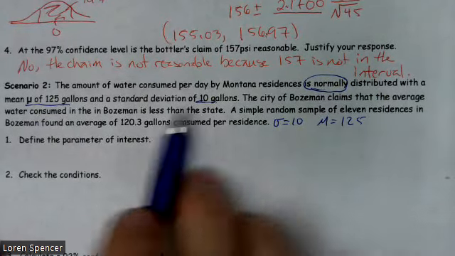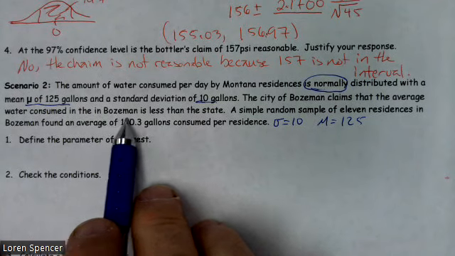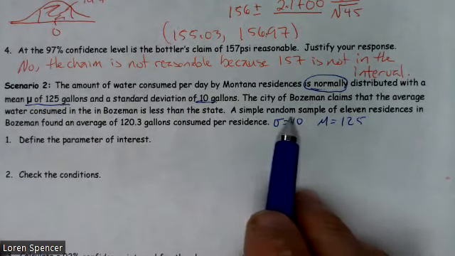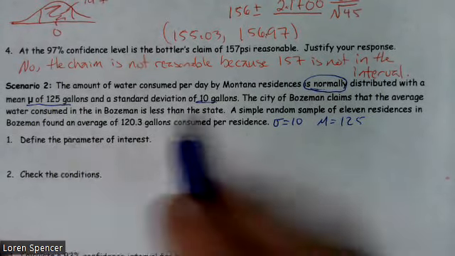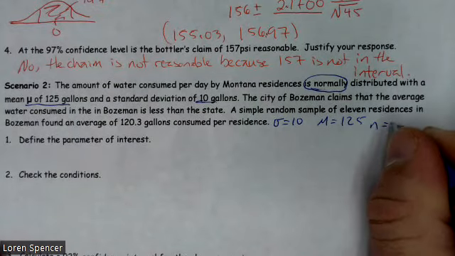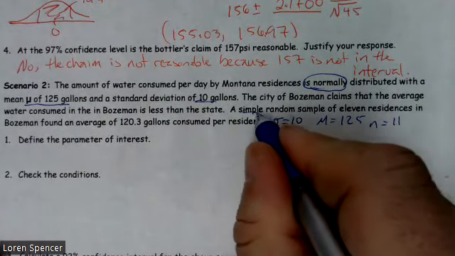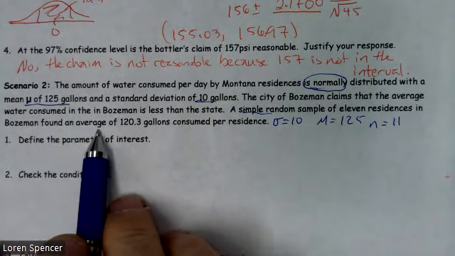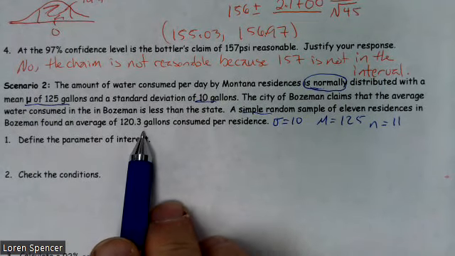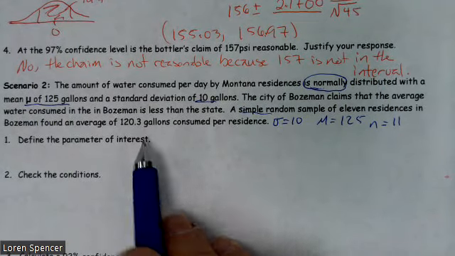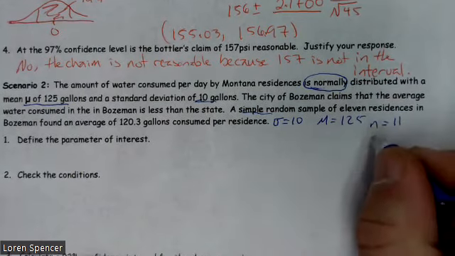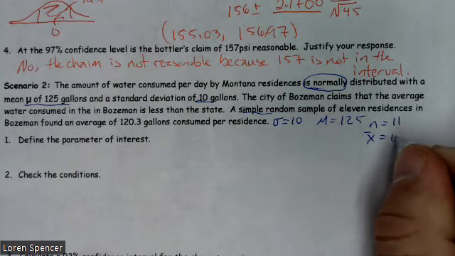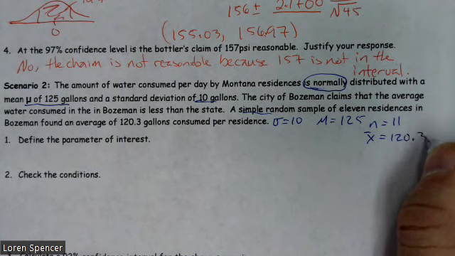The city of Bozeman claims that the average water consumed in Bozeman is less than the state. A simple random sample of 11 residents. Ooh, we got a sample size. In Bozeman found an average of 120.3 gallons consumed per residence. So my x bar is 120.3.